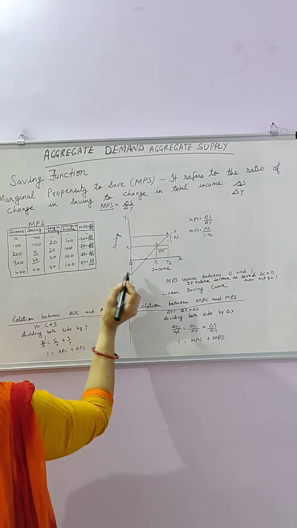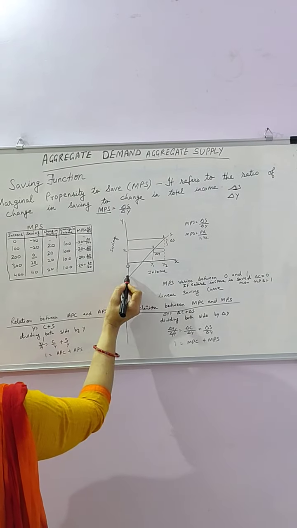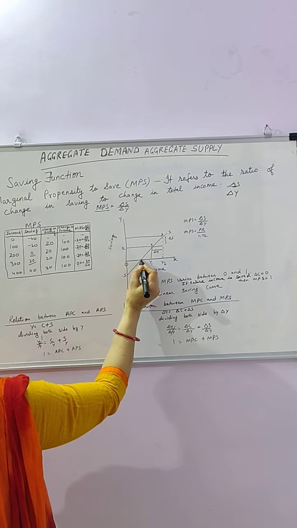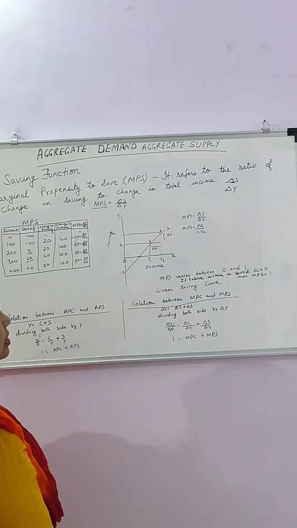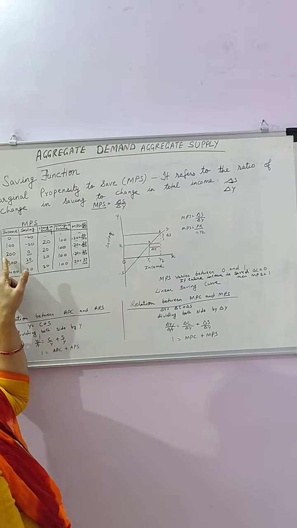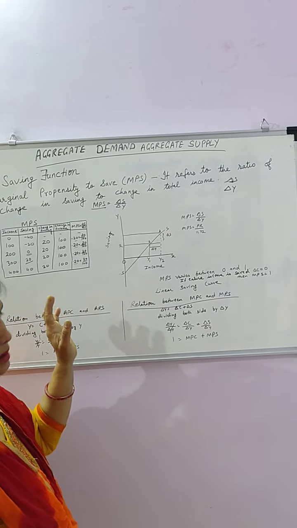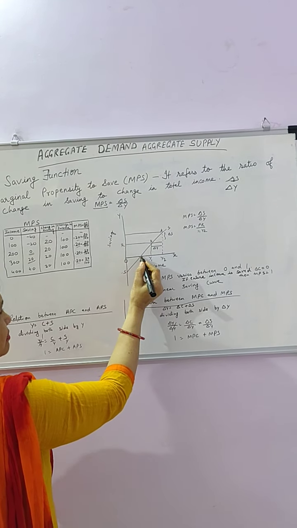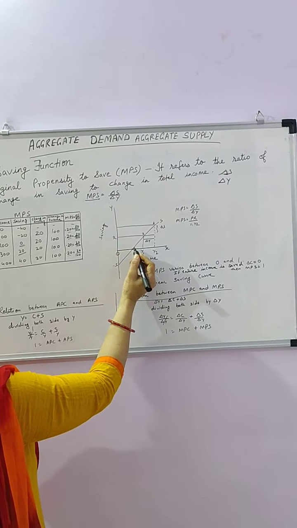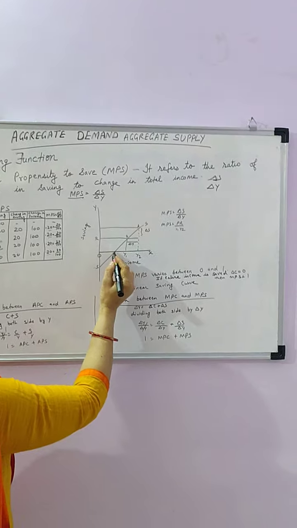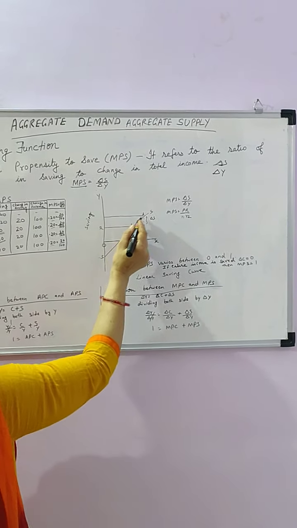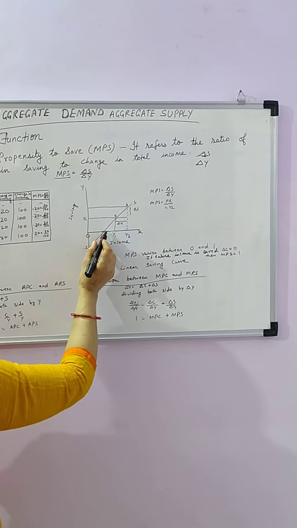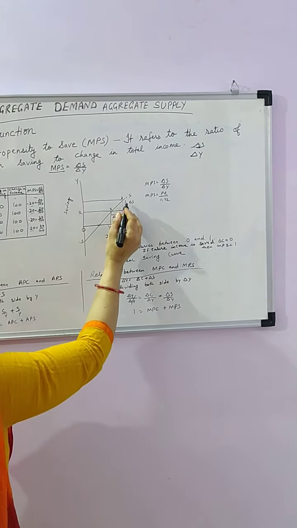That is, minus 40, then minus 20, and at this particular point the saving is again equal to 0. Why is it 0? Because total income equals total consumption, and that is why your saving equals 0. So the saving curve touches the x-axis at this point, and above this point the saving curve starts rising in the positive axis, which shows that people start saving.